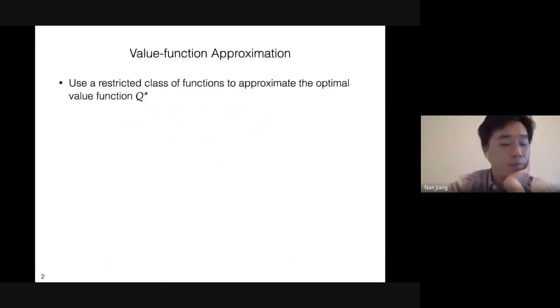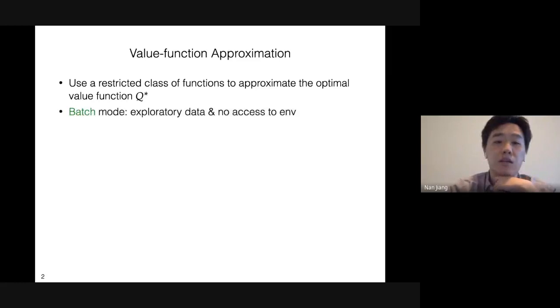For today, we'll be thinking about value function approximation, which means that we're going to use a restricted class of functions to approximate the optimal value function Q star, right? And we're assuming that we're in the batch learning mode, which means that we're passively given an exploratory data set, and I'll define exploratory in a few slides. And we do not have further access to the environment, okay?